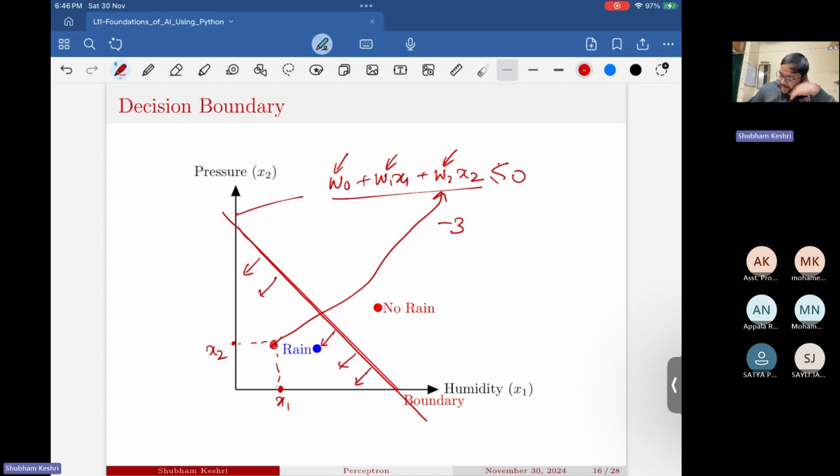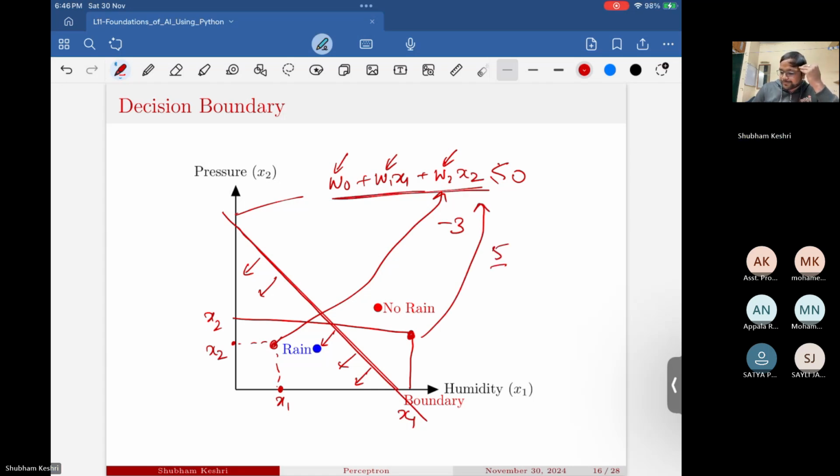And suppose you are trying to get x1 comma x2, this value, so this is x1, this is x2. If you plug it over here, you get some positive value. Suppose by this equation you got 5, and since it is 5, then you can say that it is more than equals to 0, and therefore this side is that area, and you are at a not rainy day.